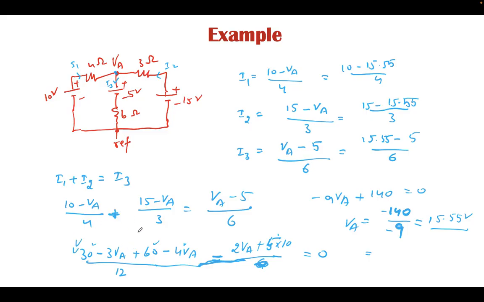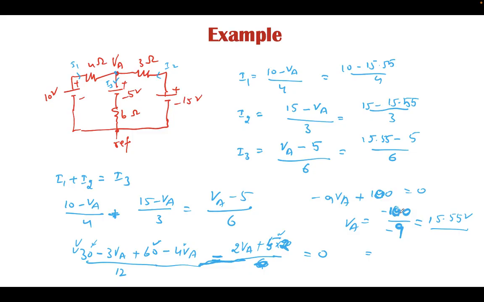In this calculation, 12 times, this is 30 minus 3VA, then plus 60 minus 4VA, then it will be minus 2VA, then plus 2 into 5, that is 10. This is not 140, this will be 30, 60, 90 plus 10, 100.